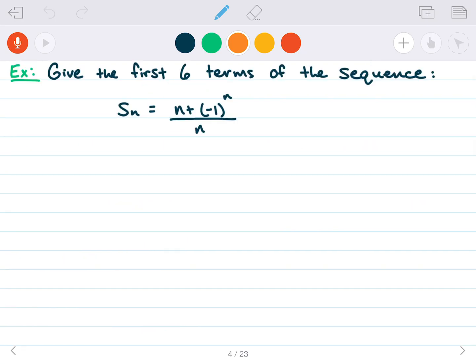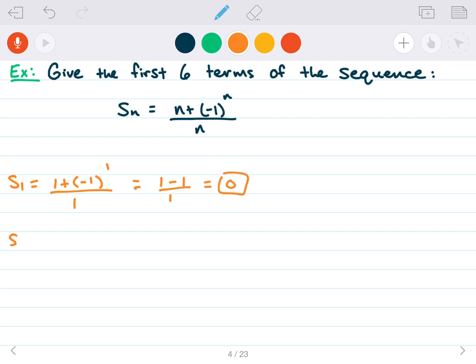Let's do another example. Let's give the first 6 terms of this sequence. This time the rule is n plus negative 1 to the n, all over n. If we plug in 1 for n, we get 1 plus negative 1 to the 1, all over 1. Simplifying this, negative 1 to the 1 is just negative 1, so we get 1 minus 1 over 1, which is 0.